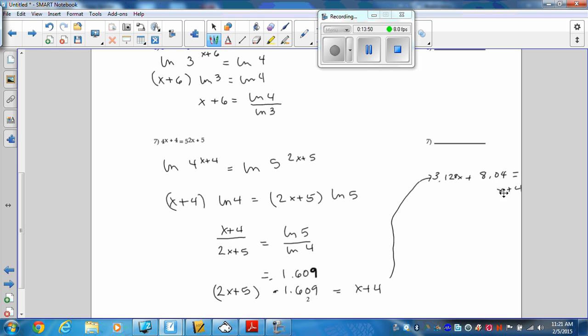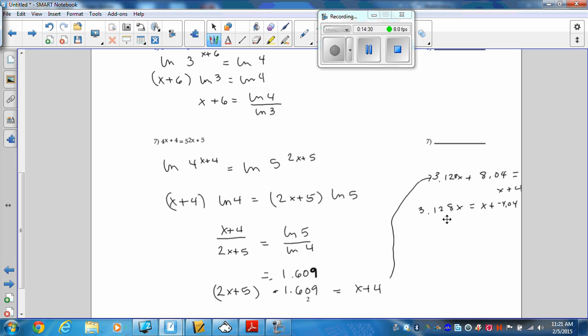So if I subtract 8.04 from both sides, 3.128x equals x plus 4 minus 8.04, and I get negative 4.04.